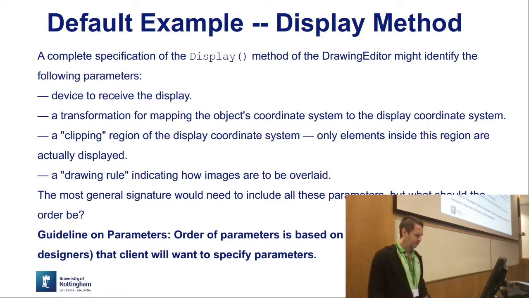A clipping region of the display coordinate system, only elements inside this region are actually displayed. So maybe there's a bounding box that says only display the elements inside this bounding box, and a drawing rule to indicate how images are to be overlaid.